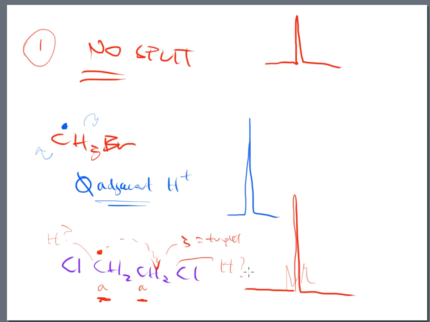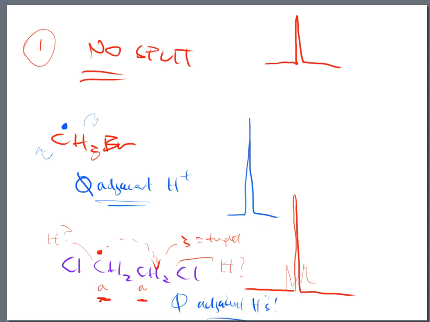Then that is an identical match, and I don't have to worry about anything to the left or to the right-hand side of that thing. So no splitting will happen here either. I pretend like what I have here are no adjacent hydrogens. Even though there are, I pretend like there's no adjacent hydrogens at all. So I will see one major signal that comes from this thing, and that's it.